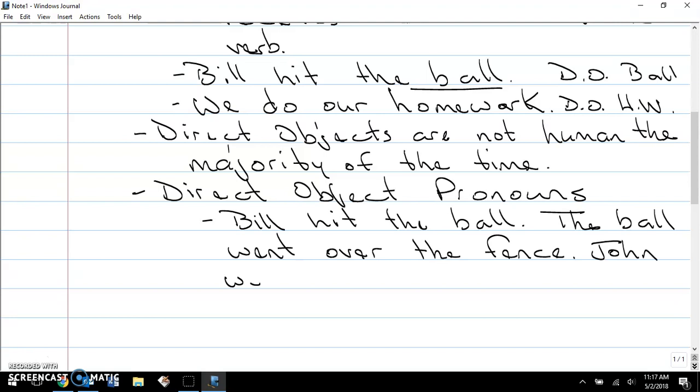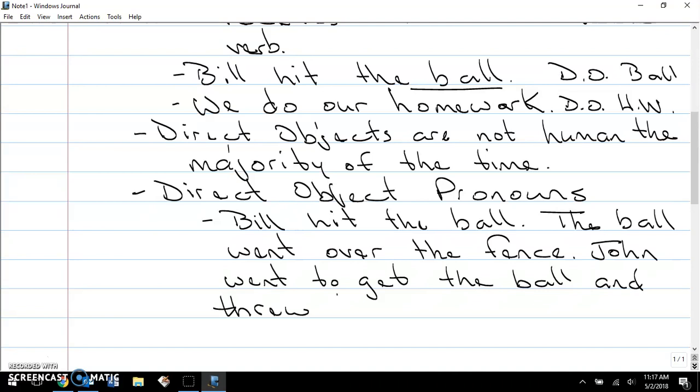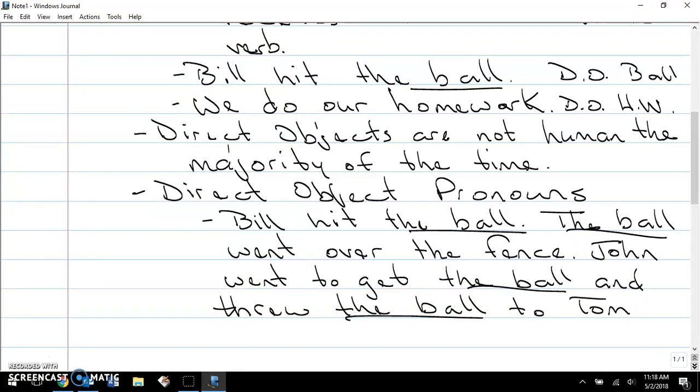John went to get the ball and threw the ball to Tom. Now, little story, but how many times did we say the ball? 1, 2, 3, 4 times in 2 sentences.